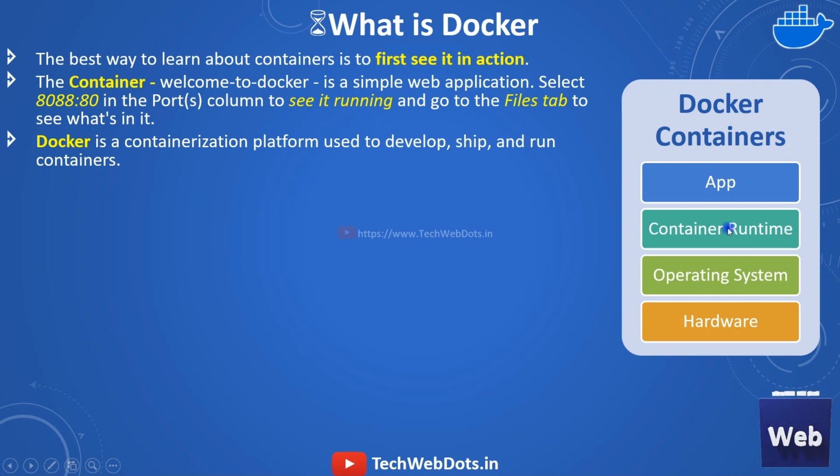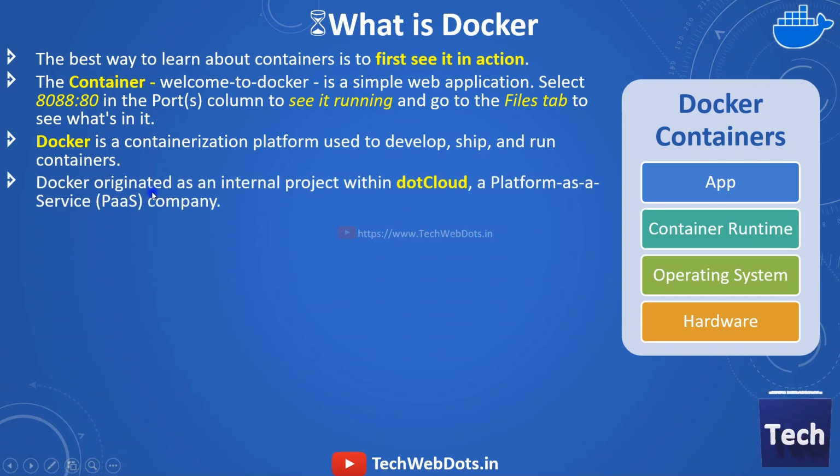We will go deep dive into it, and on top of it you install the application that you want to run, which comes in the form of an image, right, that we pull, we build, and we run.